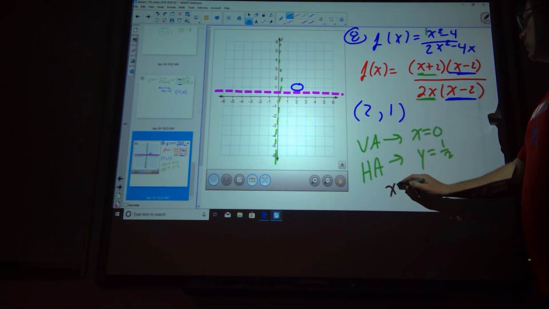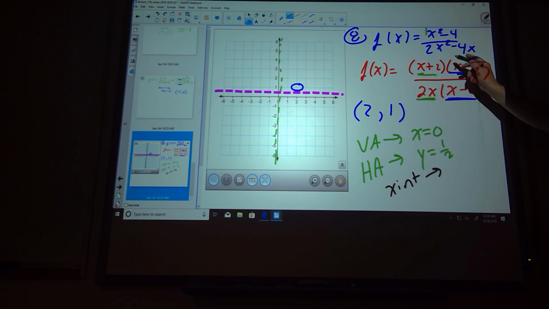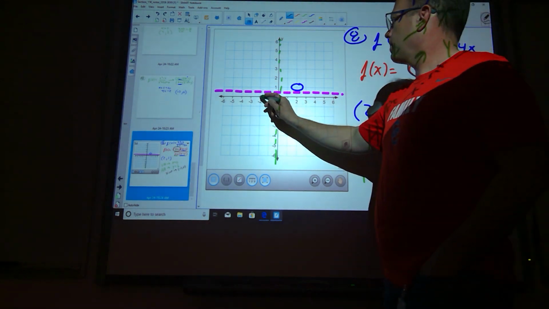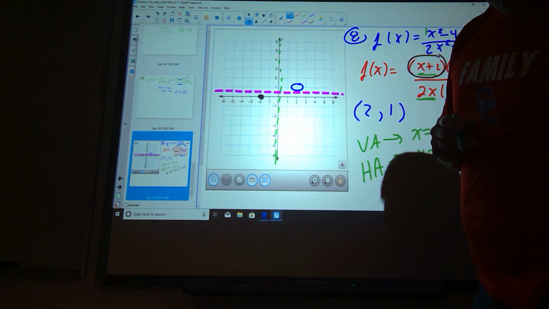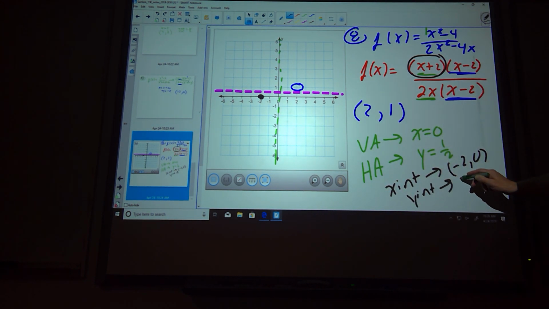And then x-intercept. So whatever we have left on top, that's going to give me negative 2. So negative 2 comma 0. And then y-intercept. So I'm going to plug 0 in.